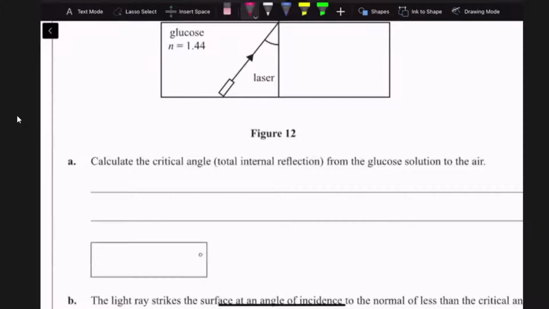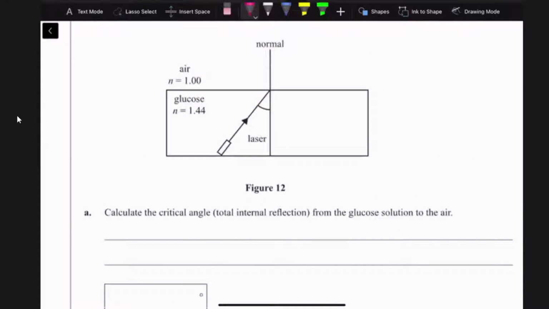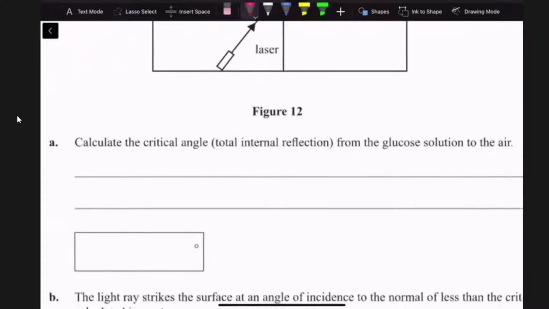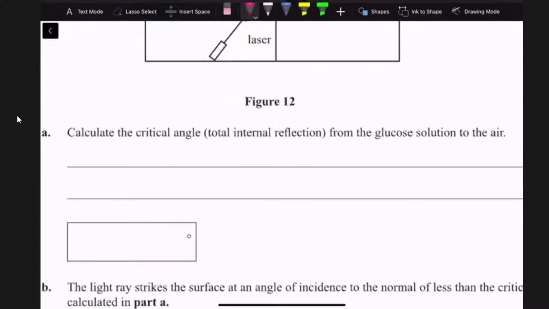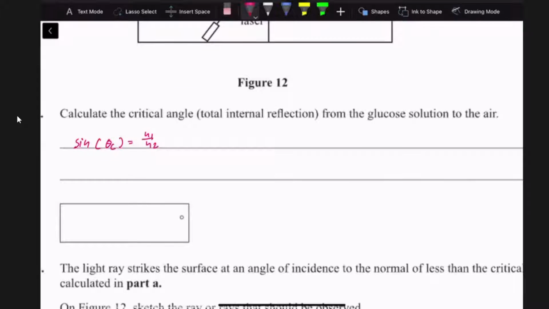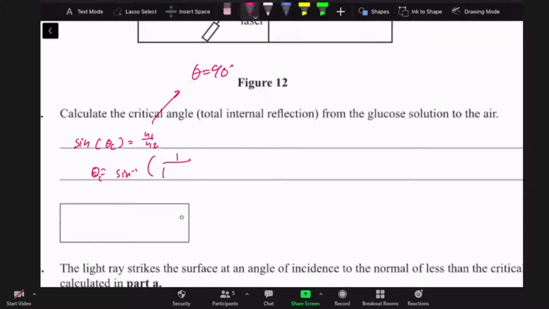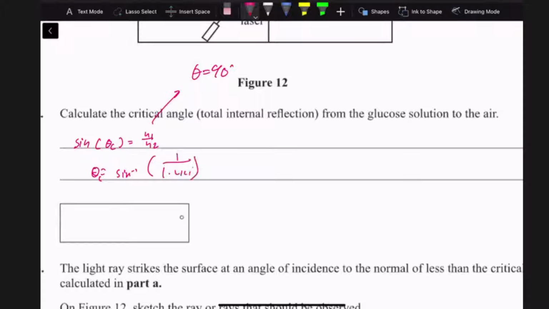So now we have some light rays and we're doing some reflection. Find the critical angle. We know the formula for the critical angle is sine theta c is n1 on n2, and we derived that because theta was going to be 90 for the other sine value. So theta c is sine inverse of 1 on 1.44, which is approximately 44 degrees.